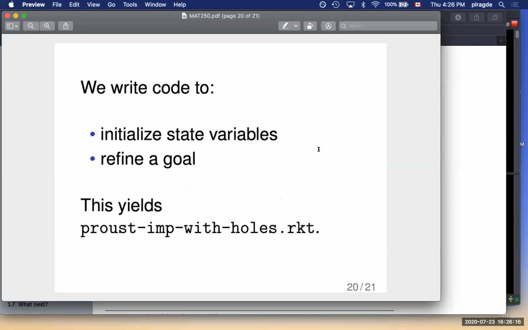And there's some additional code written, and it's described in the notes, and you can see it in Proust imp with holes, but you don't have to touch it after this. Code to set things up at the beginning, and code to refine a goal. And refining a goal, I'll show you a demonstration of this shortly, but when refining a goal, you give a goal number, like I want to refine goal number 7, and here's what I want to replace that question mark with.